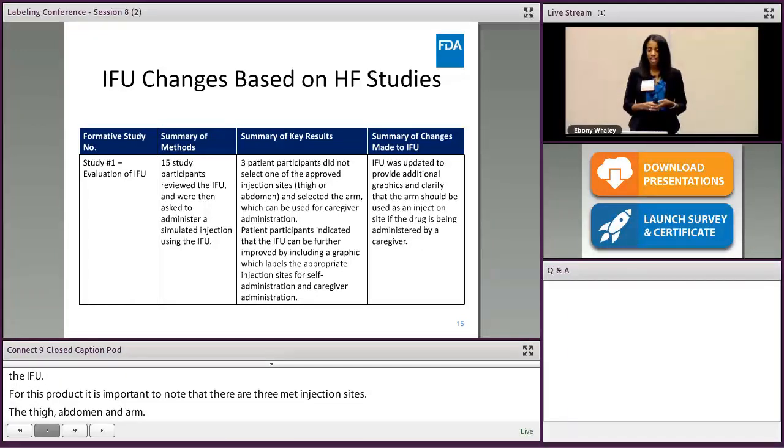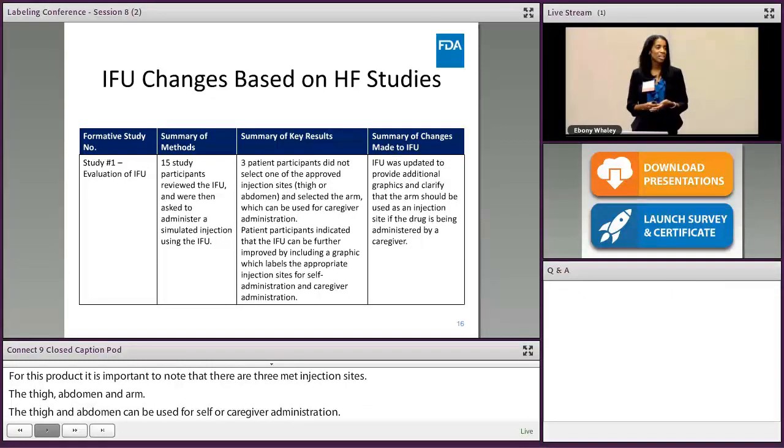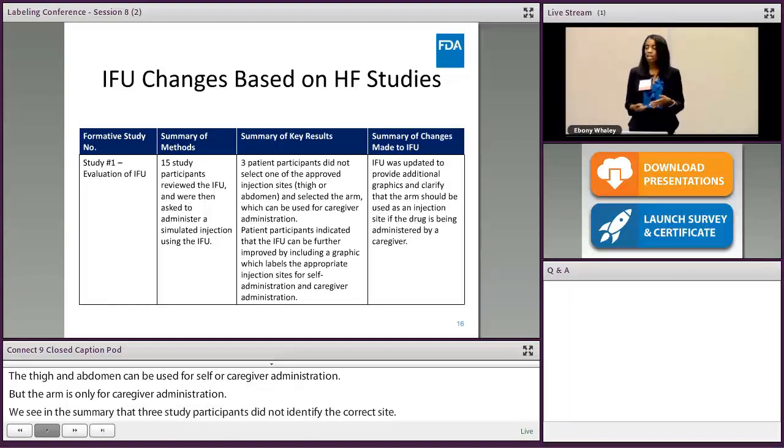The thigh and abdomen can be used for self or caregiver administration, but the arm is only for caregiver administration. We see in the summary of key results that 3 patient participants did not identify the correct injection site. They identified the arm, which again is only for caregiver administration.